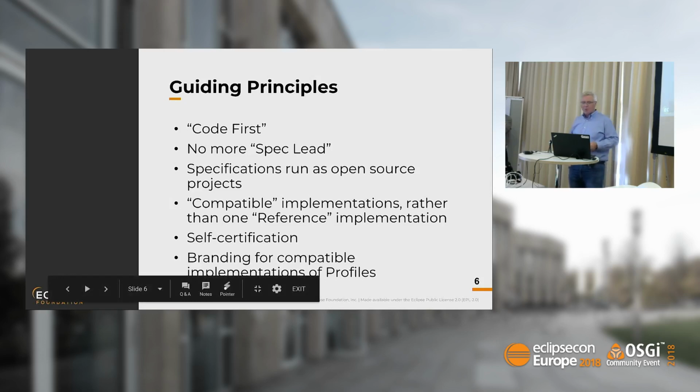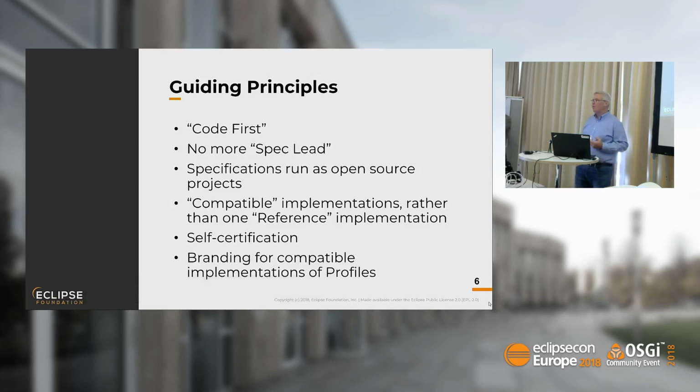So, some guiding principles in terms of what we thought of when we were putting together the Eclipse Foundation Spec Process. First one is code first. What do we mean by code first? One of my pet peeves with the JCP since forever, and you saw this more in the early days, was the notion, and I'm exaggerating to make a point, that the way to innovate is to get a bunch of people in a room and write a spec.